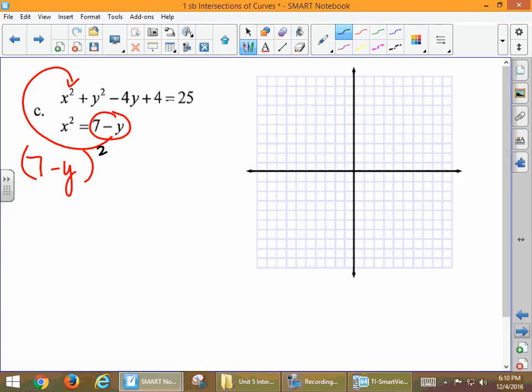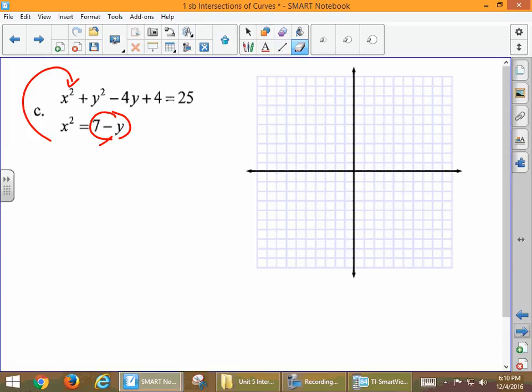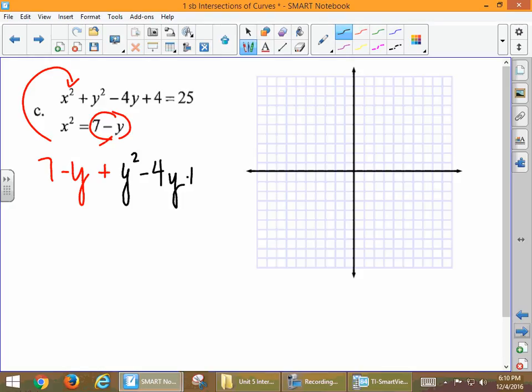Oh, nope, not squared. Because 7 minus y is being represented by x squared. So it's just 7 minus y plus y squared minus 4y plus 4 equals 25.